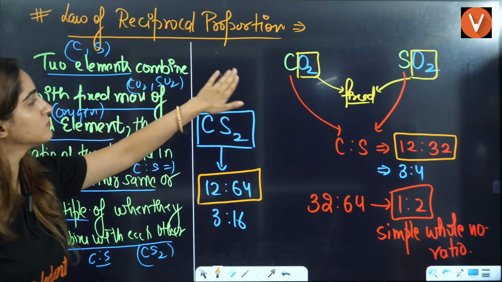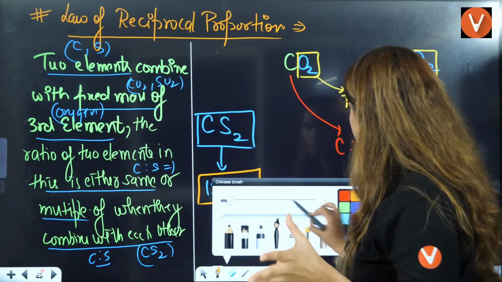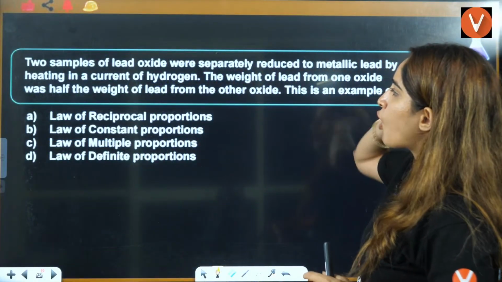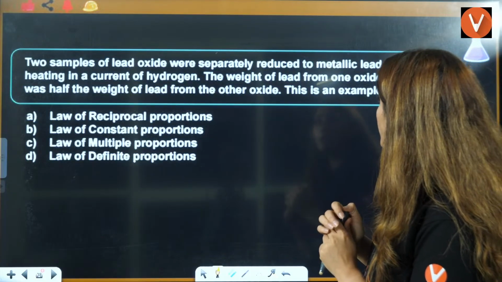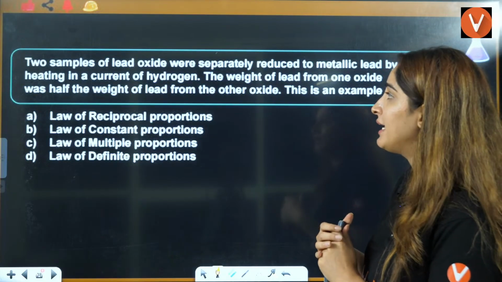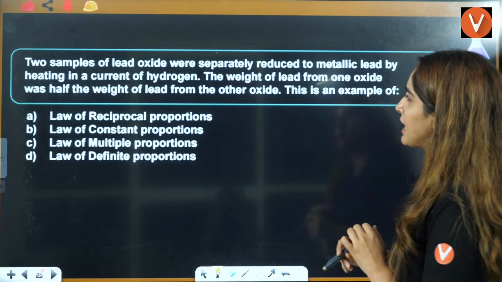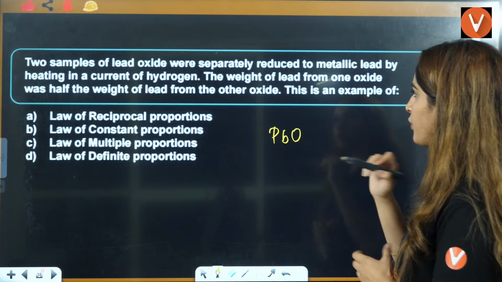Okay, everyone, understood? Now let's do two more questions here, right? Two samples of lead oxide were separately reduced to metallic lead by heating in a current of hydrogen, right? Two samples of lead oxide you had, right? PbO you had.